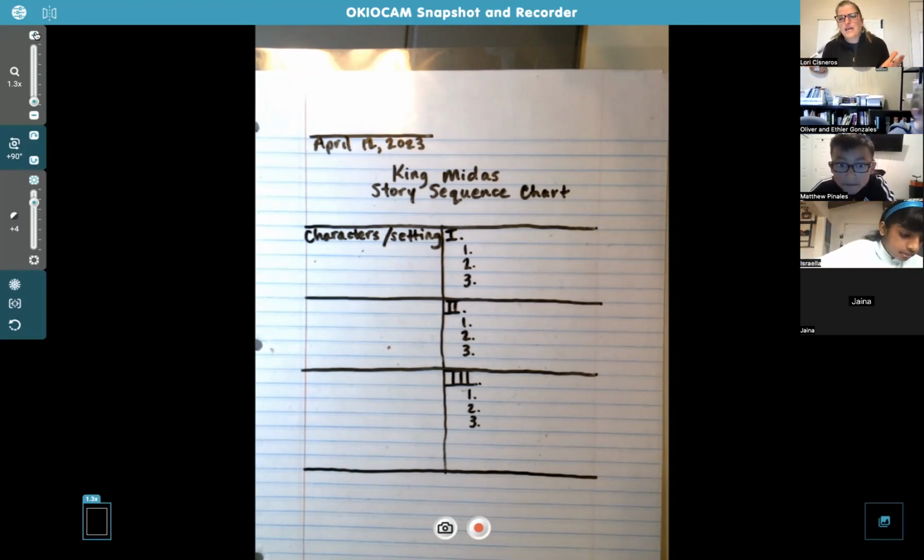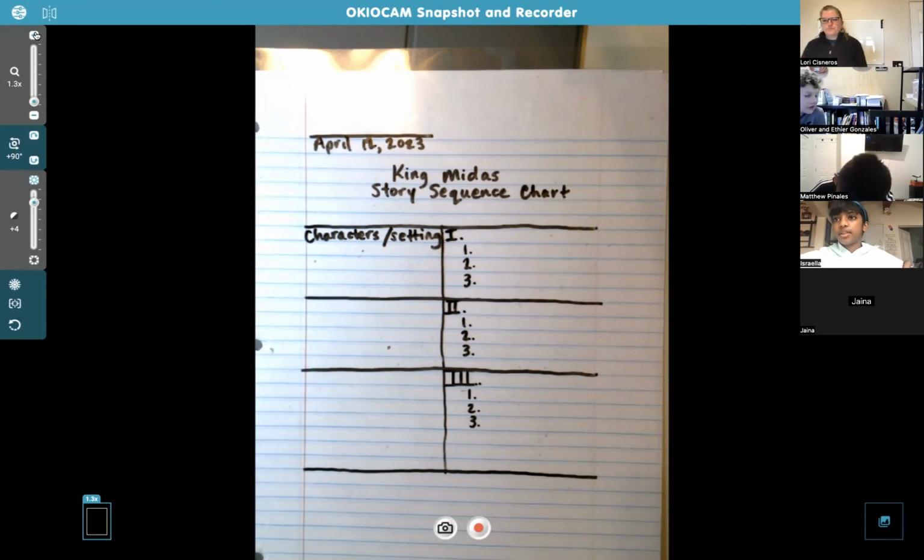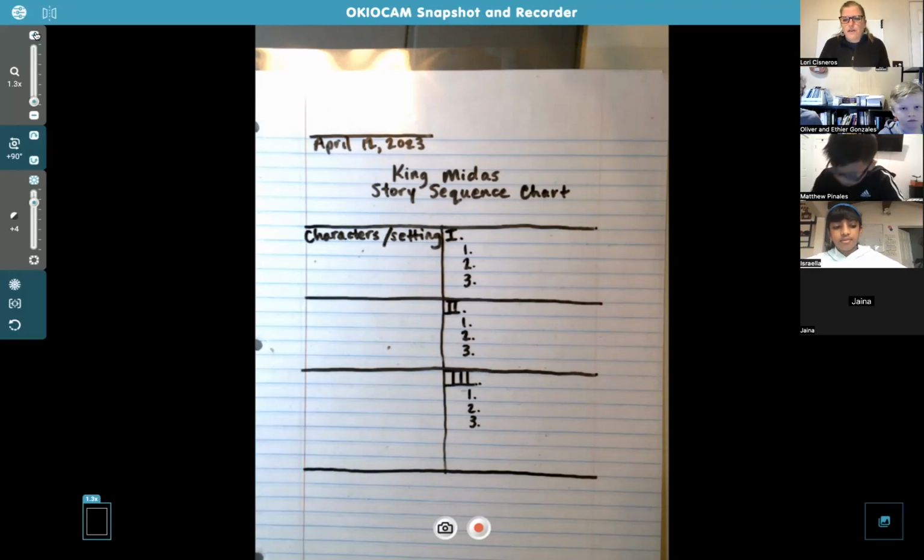Now, who knows what setting means? You guys know what setting means? Israela? It's the places where the story took place. Yes, good. It's the place. Like, where are they in the story? In Kung Fu Panda, they're in China, because we know about the China Wall, and then we know Kung Fu comes from China and all that.